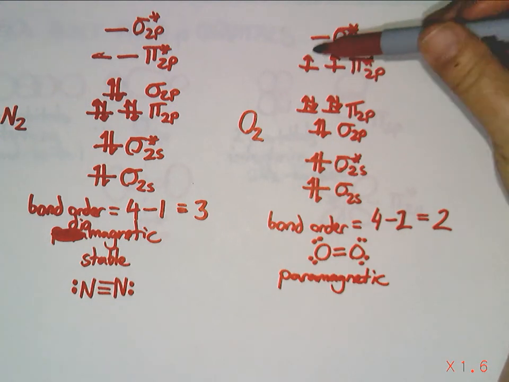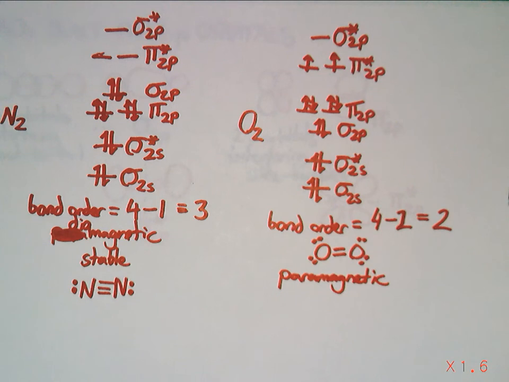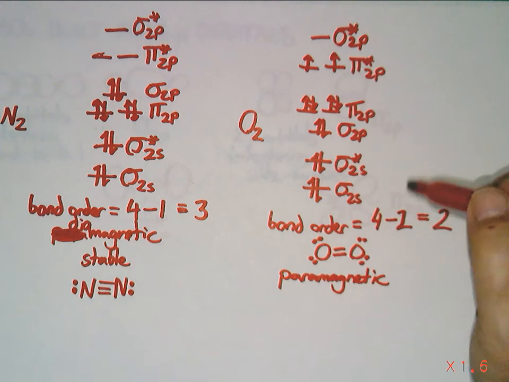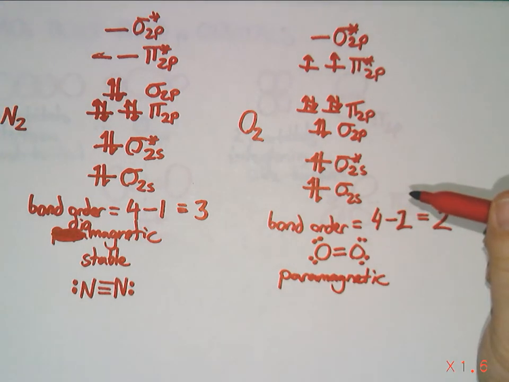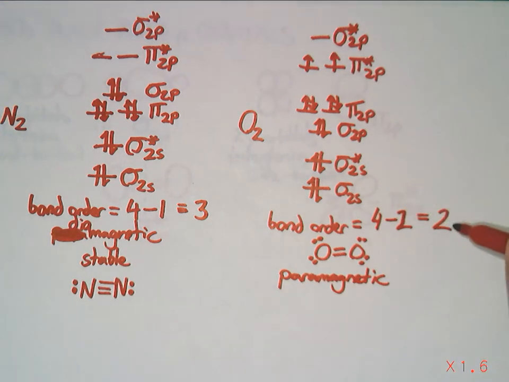You have a diradical. You have 2 unpaired spins here. And this tends to make oxygen fairly reactive. In fact, oxygen supports combustion, which is a pretty violent reaction. Now, is the O2 molecule going to be stable? Yes, because we have a bond order greater than 0.